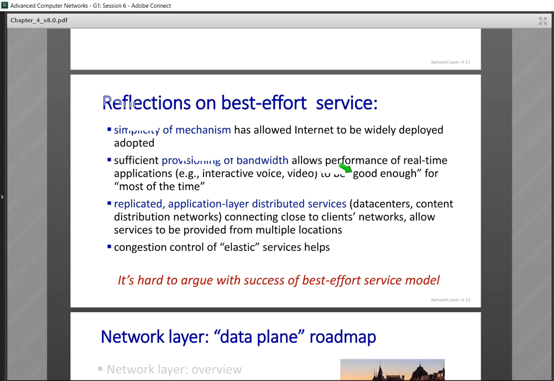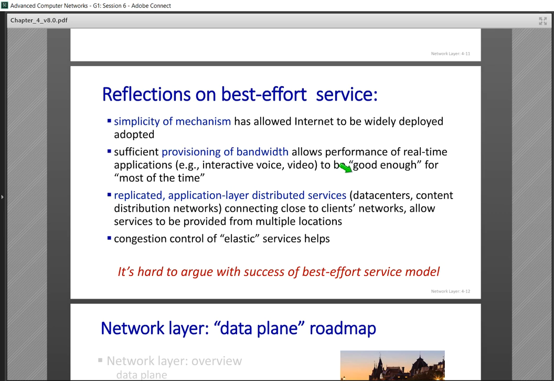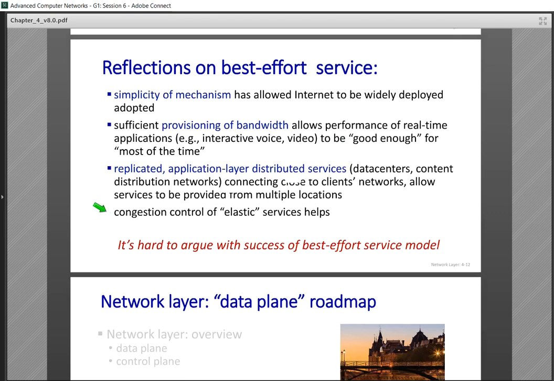In today's networks, the ISPs and the content provider networks try to be close to the users, to remove long distances between them and their users. Okay, and also we have different congestion control mechanisms for applications that have elastic behavior.